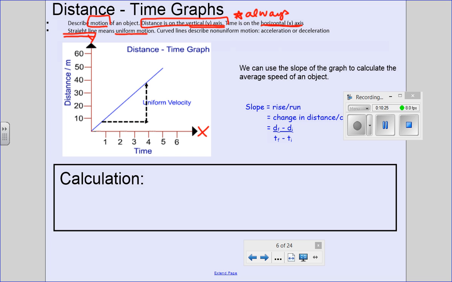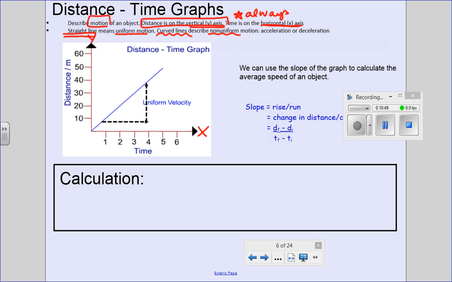Later on, we'll see that curved lines describe non-uniform motion. And so in the third section, we'll talk about acceleration when speed changes. And we'll see that the distance-time graph will look different. But for now, we're going to focus only on straight lines.